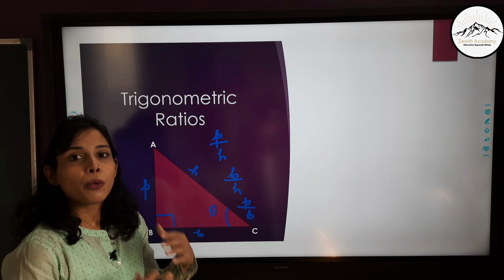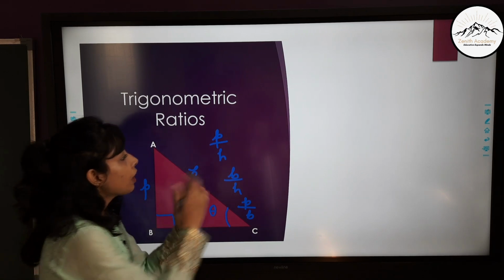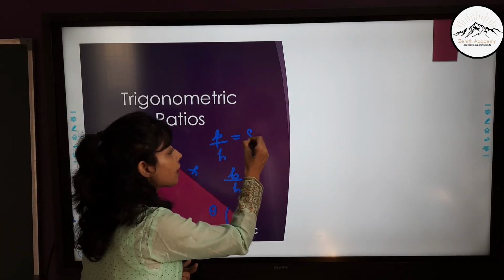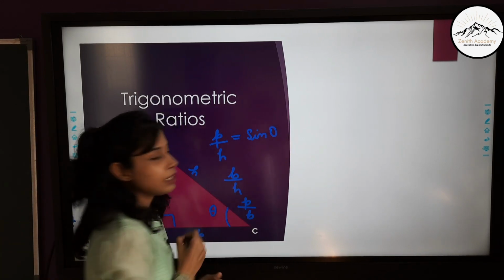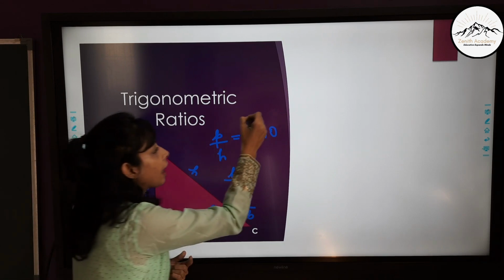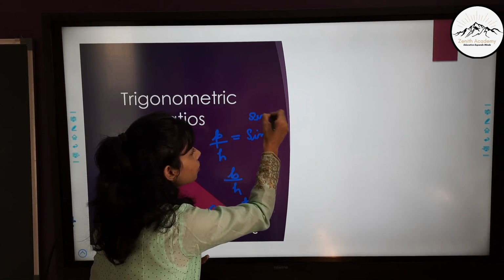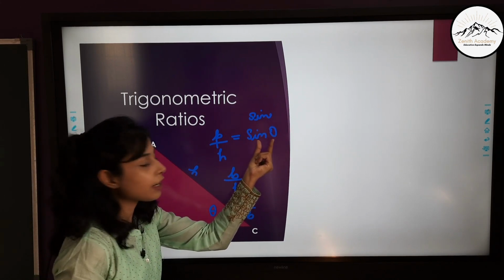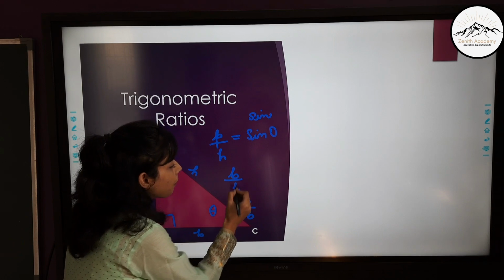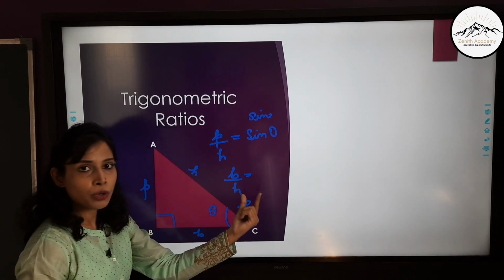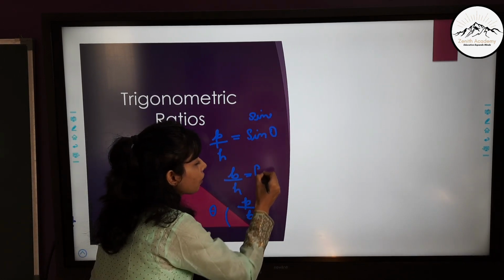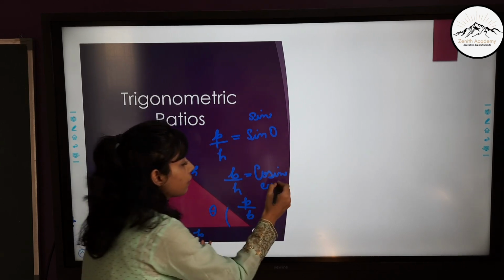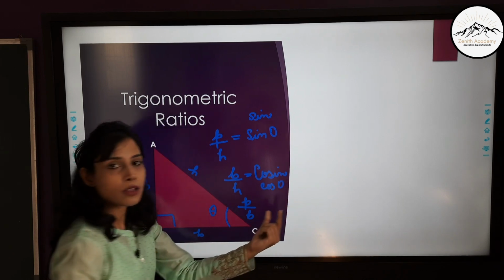So now what they did in trigonometry, this ratio, the perpendicular upon hypotenuse, they named it as sine theta, or actually this is the short form, the word is actually sine. In short we write it as sin theta. For base upon hypotenuse, this ratio for theta is called cosine, or in reference to this theta, it is cos theta.